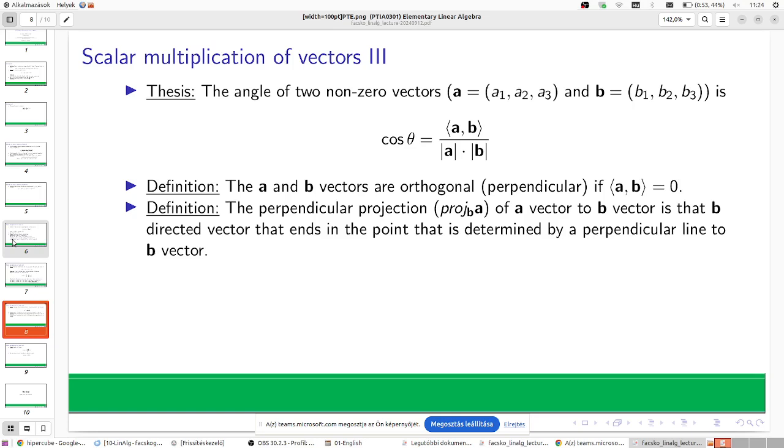We know what is theta, and we also know that, it's a bit painful, doesn't matter.